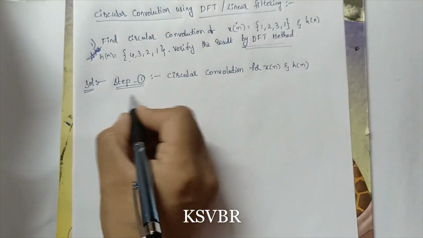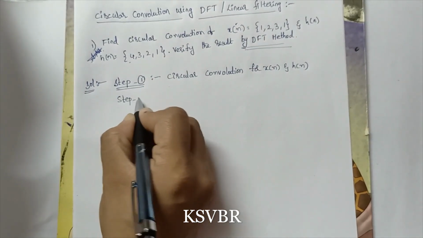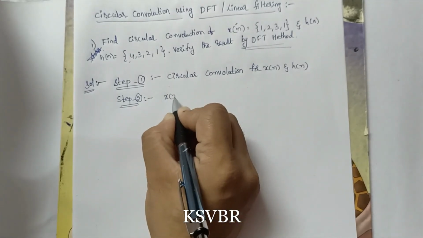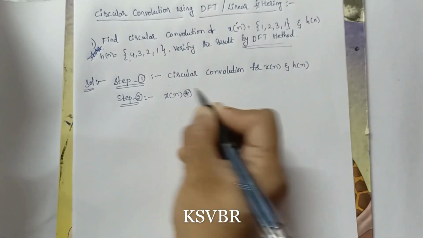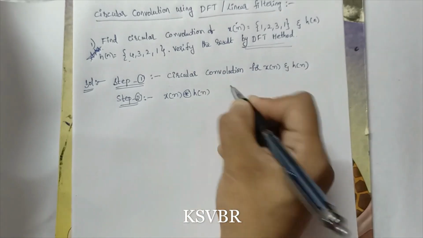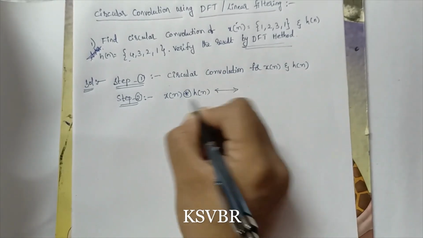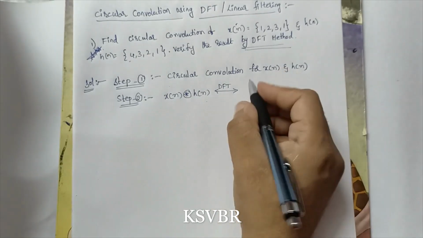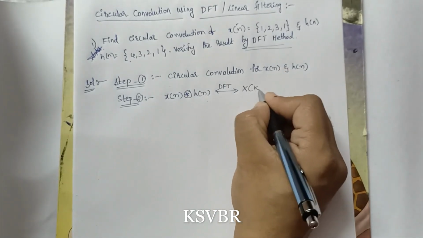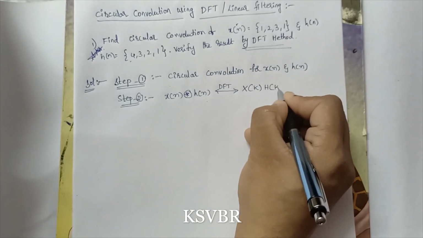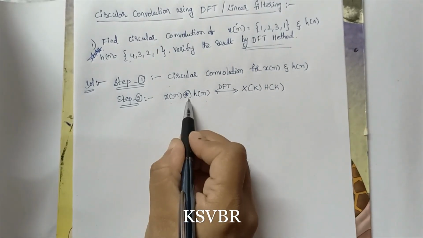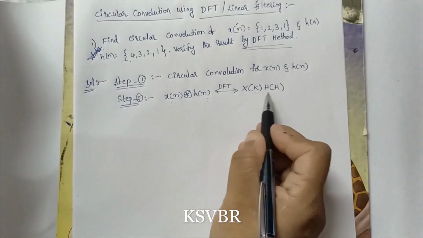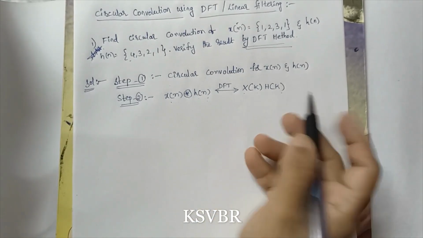In step 2, we represent x of n circularly convolved with h of n. This is in the time domain. By the properties of DFT, it is X of k into H of k. So applying DFT, X of k is multiplied with H of k.